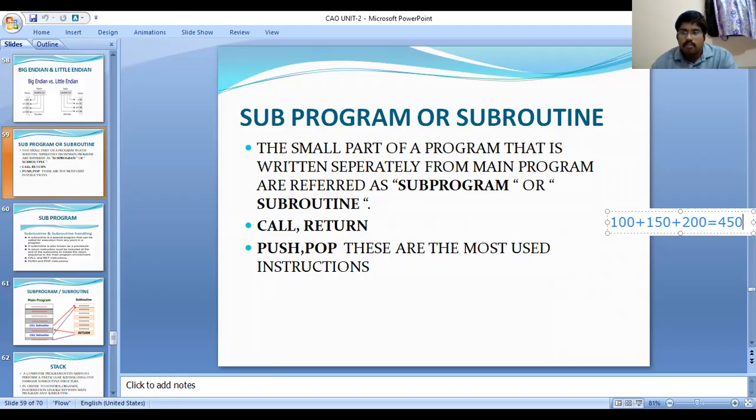Whenever I am developing a program, I need to repeat the same type of instructions multiple number of times, because in my entire program I need to perform addition on different numbers for some 10 times, subtraction on different numbers for 15 times, and multiplication on different numbers for 20 times.